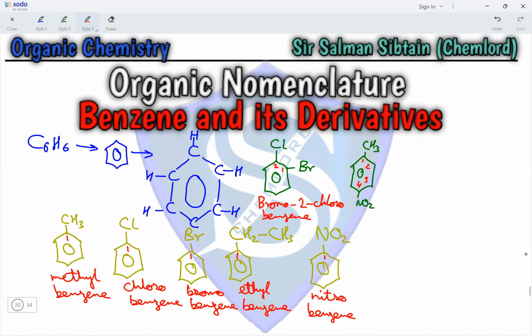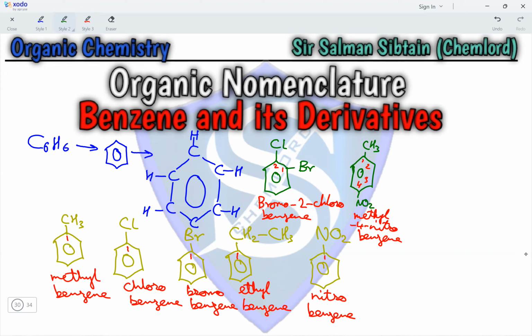Now the thing is, if we number it clockwise, the way it has been done, or anti-clockwise, nitro group will be on the fourth position. So it doesn't matter whether we number it clockwise or anti-clockwise in this compound. So the name of this compound based on the positions of the substitute groups would become methyl 4-nitrobenzene.